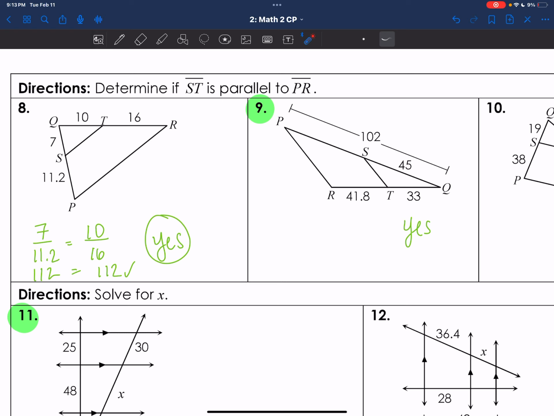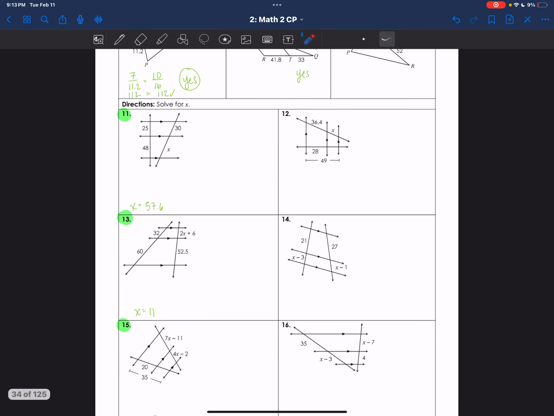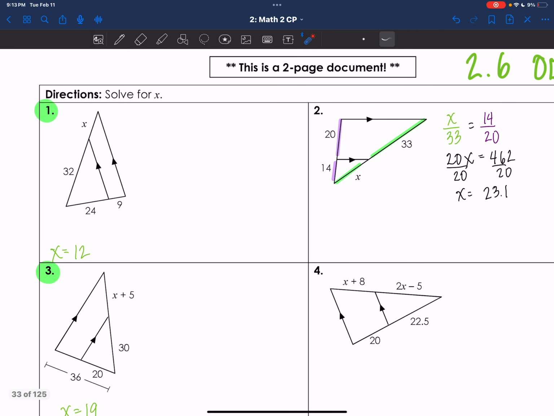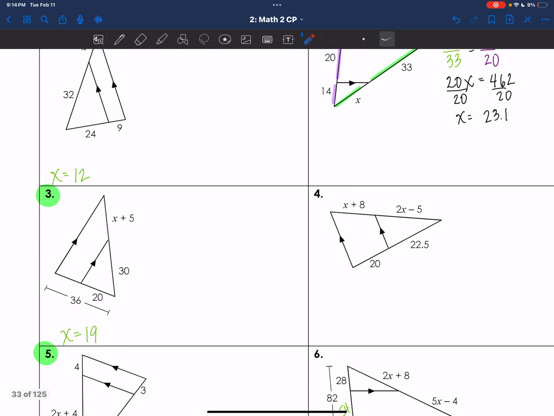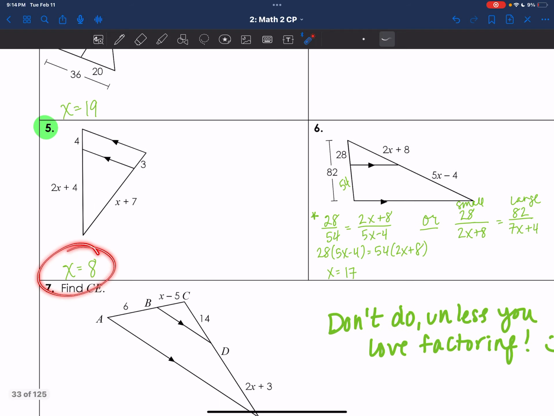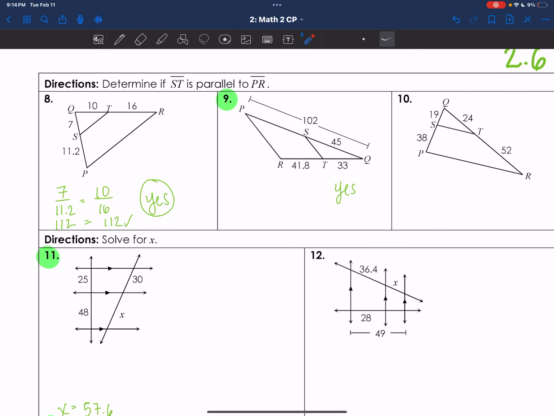All right. And then you're going to go ahead and do 11, 12, 13. Now I did give you the answers for each of them. So number 1, x is 12. Number 3, x is 19. Number 5, x is 8. Number 8, we already did together. Number 9 is yes, it is, but I need to see work.